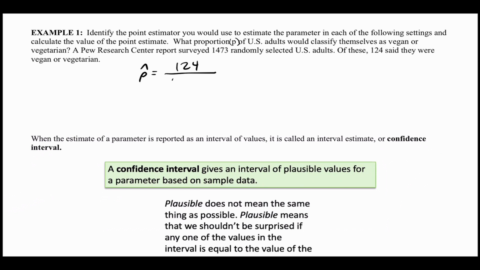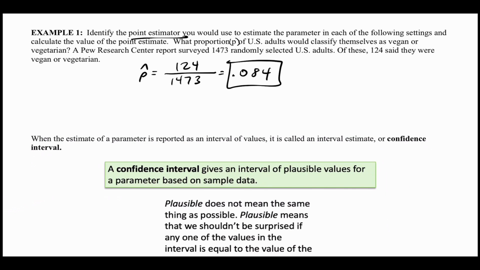What number goes on the bottom? 1473. We use our new calculators to do that. Very first thing you're going to do, or some of you might have already: 124 divided by 1473, you get 0.084, right?